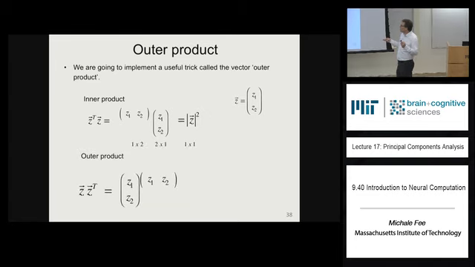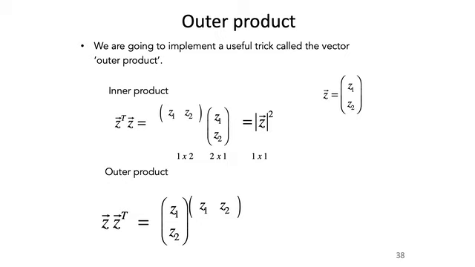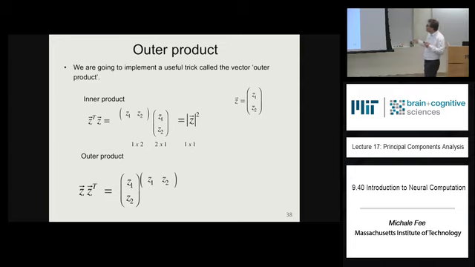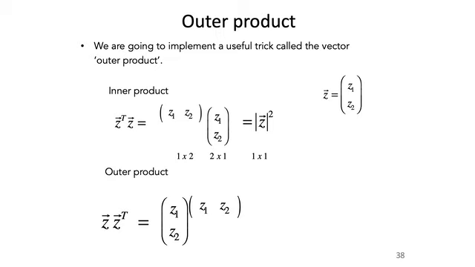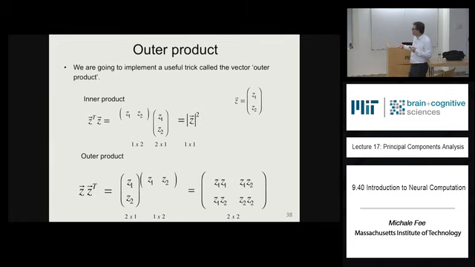There's another kind of product called the outer product. Remember that? So the outer product looks like this. A row vector times a column vector is equal to a scalar: 1 by 2 times 2 by 1 equals 1 by 1. 2 rows, 1 column, times 1 by 2 gives you a 2 by 2 matrix that looks like this: z1 times z1, z1 z2, z1 z2, z2 times z2.